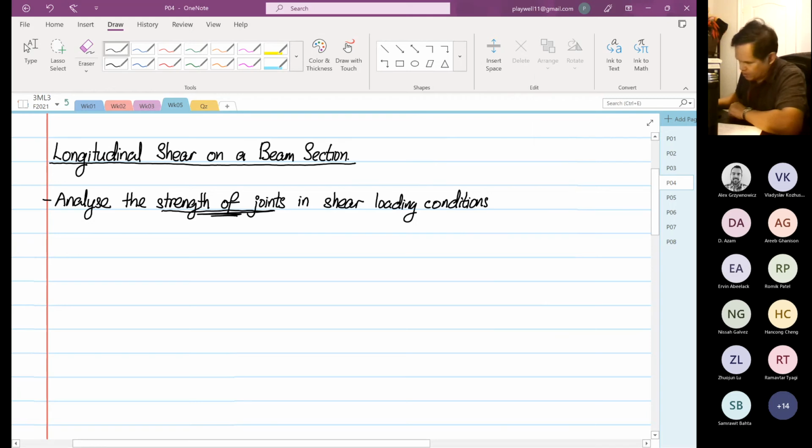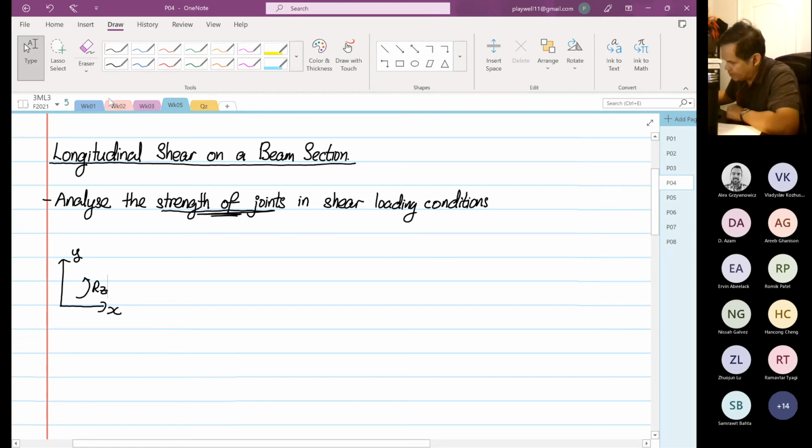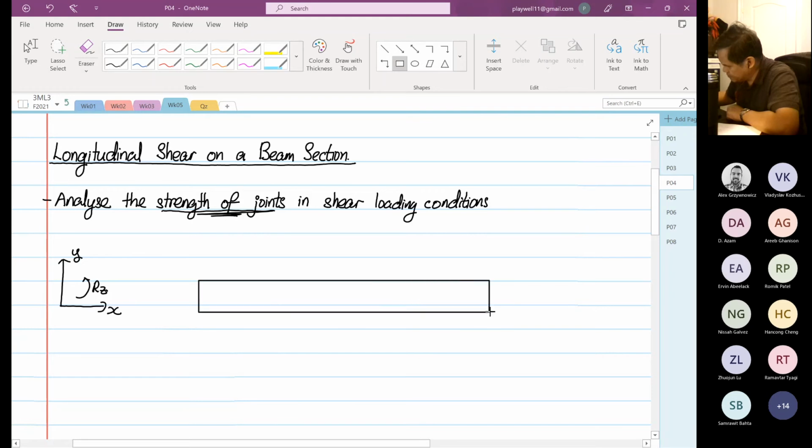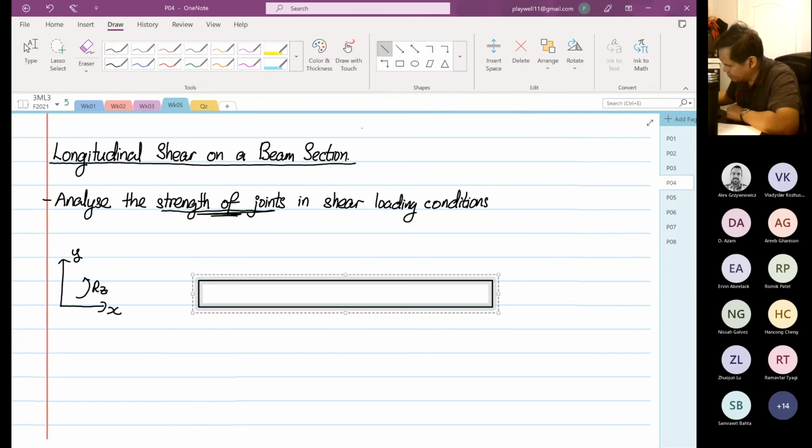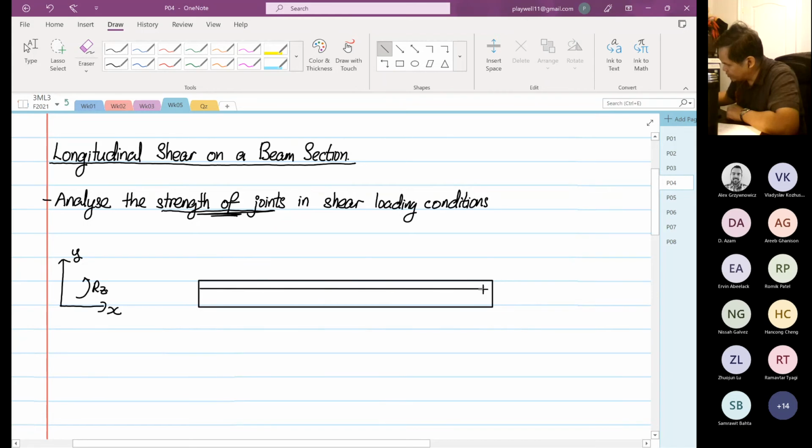Okay, so if we have a structure with X and Y, rotation about Z, and we have a beam, and the beam, I'll draw a line down here and I'll elaborate what that is all about.